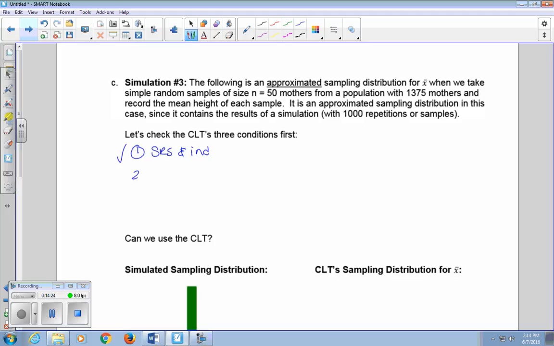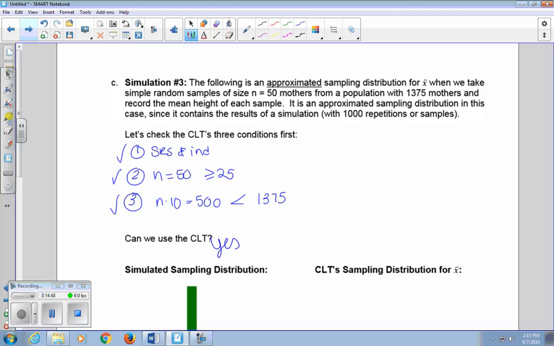Check. N is equal to 50, which is greater than or equal to 25, so yes. And 3, n times 10 is equal to 500, which is less than the 1375. So we've met all the conditions.